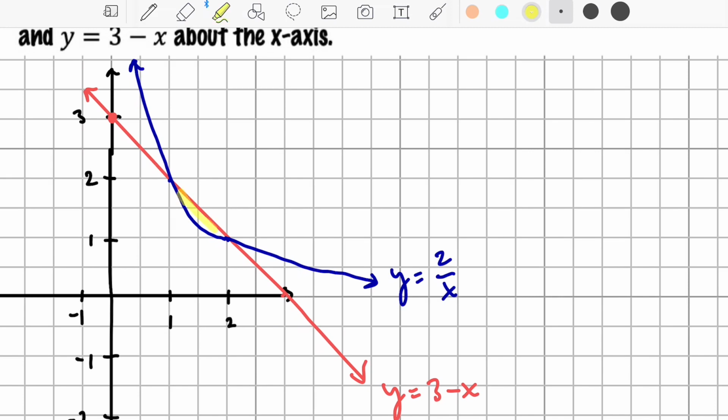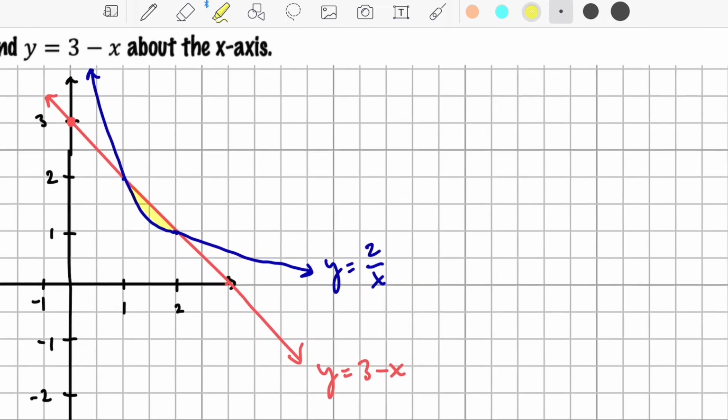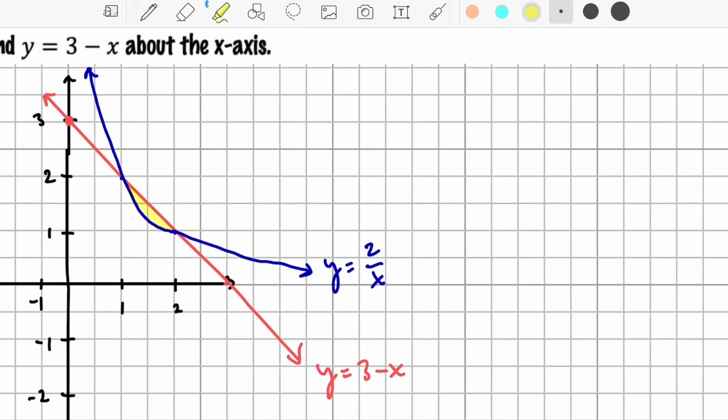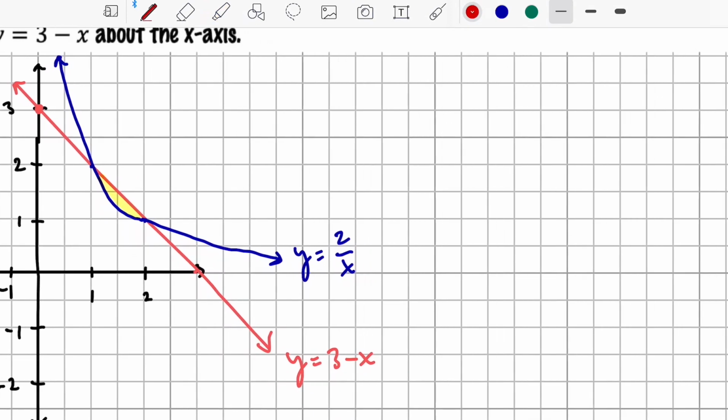So here's the region, and since I was careful when I drew this, I can see where they intersect. But if you don't have graph paper, this is how you find the points of intersection.